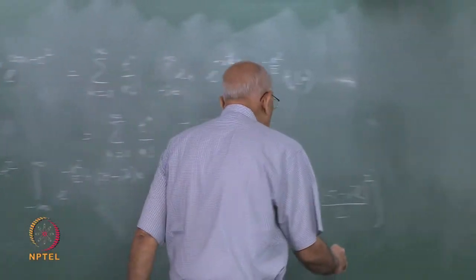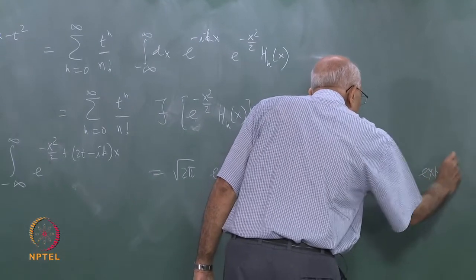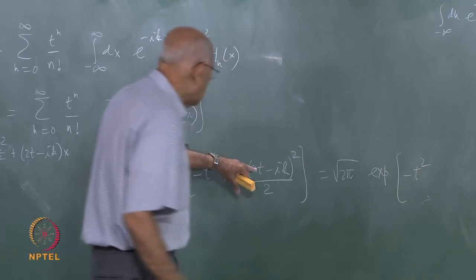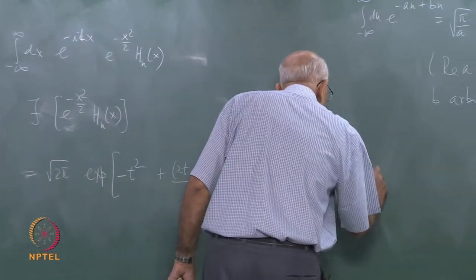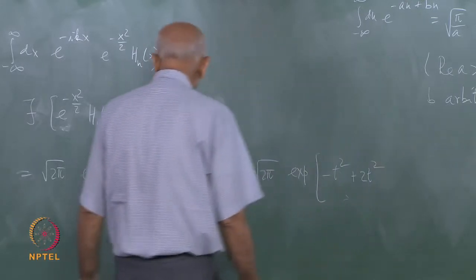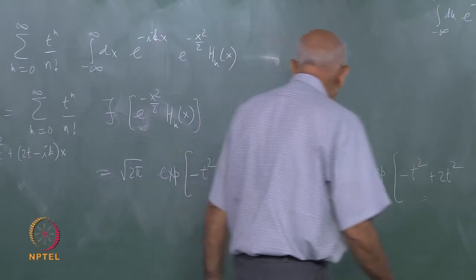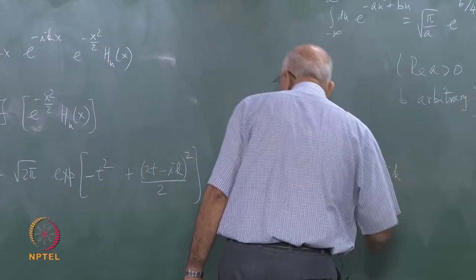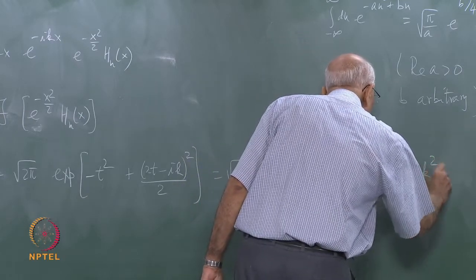Which is equal to square root of 2 pi exponential of what happens now. This is minus t squared, and then you get a 4t squared over 2, so that is a plus 2t squared, and then minus 4t ik divided by 2, so minus 2t ik, and then a k squared minus k squared over 2.